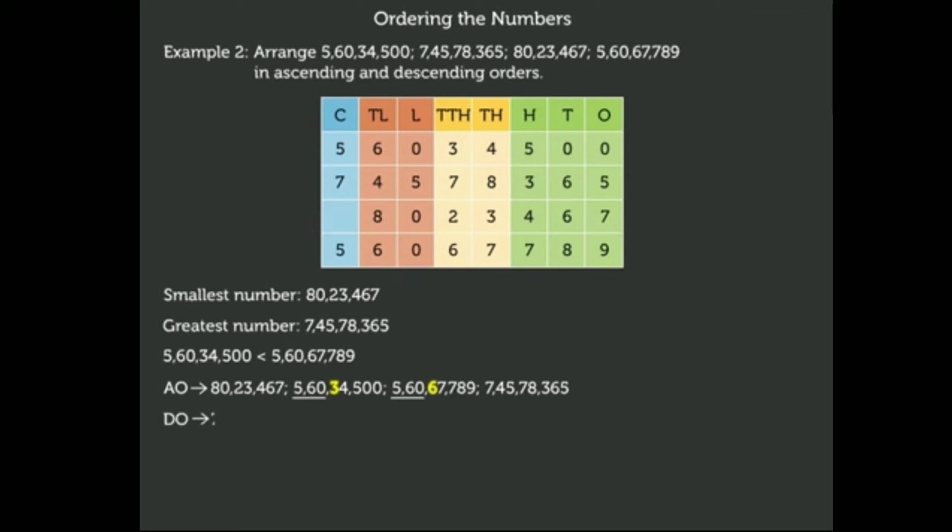The descending order is 7,45,78,365, 5,60,67,789, 5,60,34,500, 80,23,467.